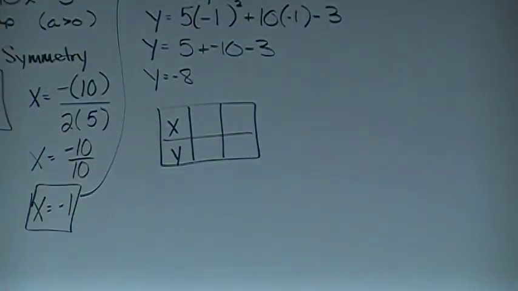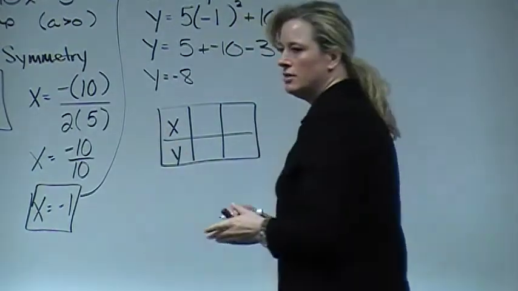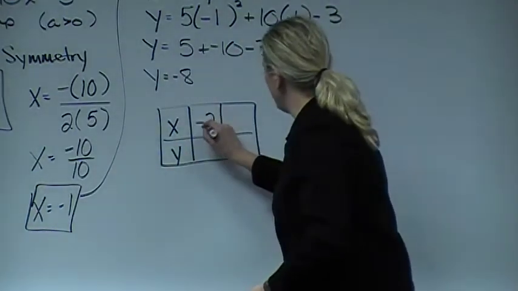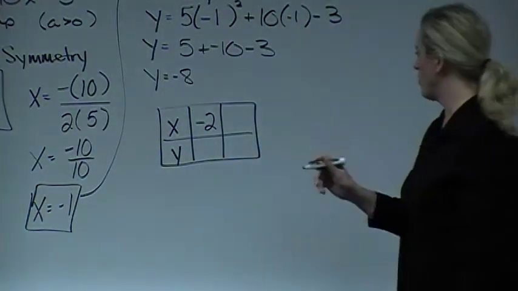Because here's why. What I'm going to do is I'm going to pick values for x that are less than the x-coordinate of my vertex. Everybody tell me right now, what's the x-coordinate of my vertex? -1. Can you give me 2 easy values that are less than -1? -2. Let's put that there. And what else? -3.